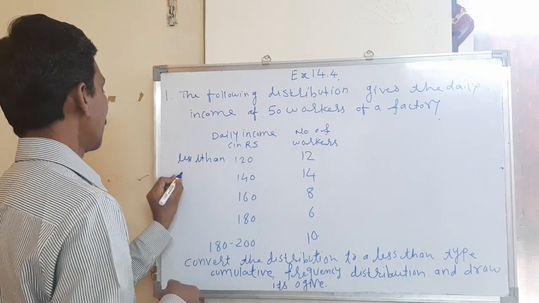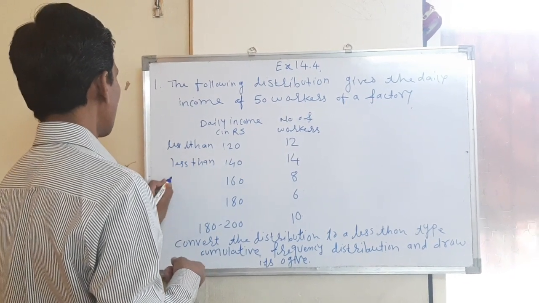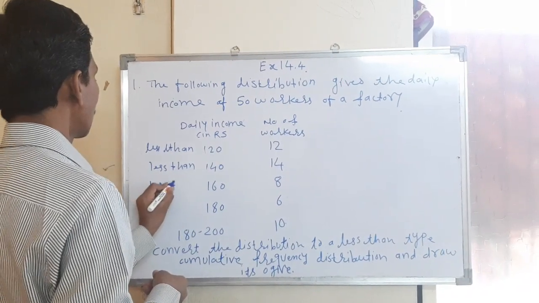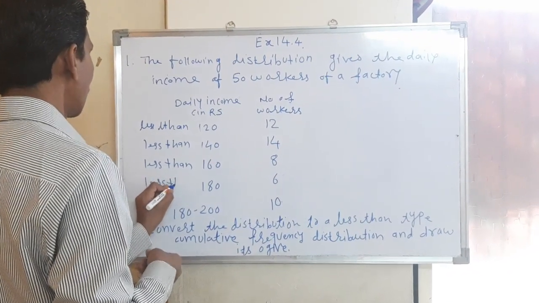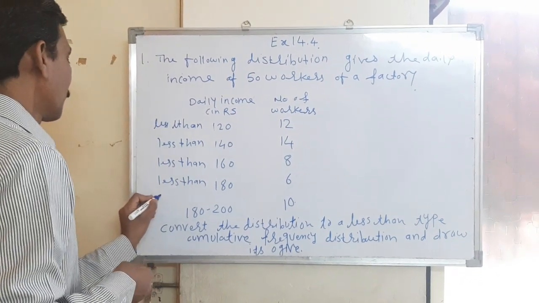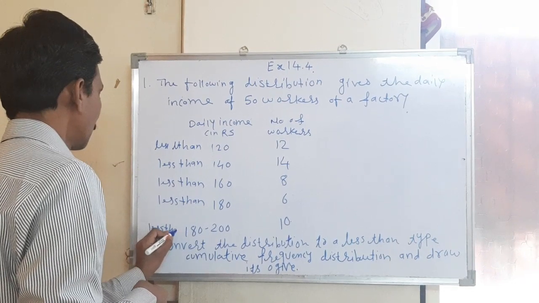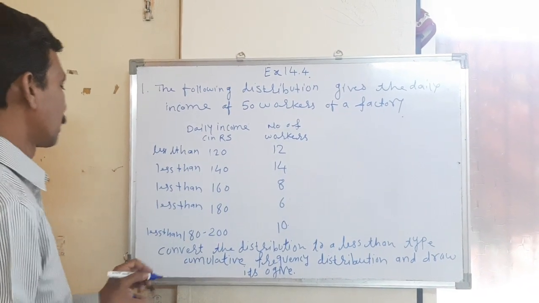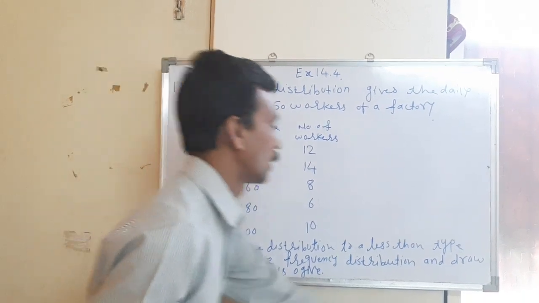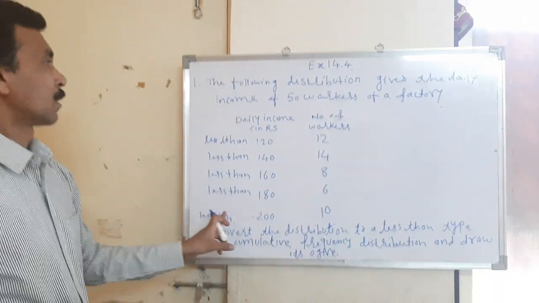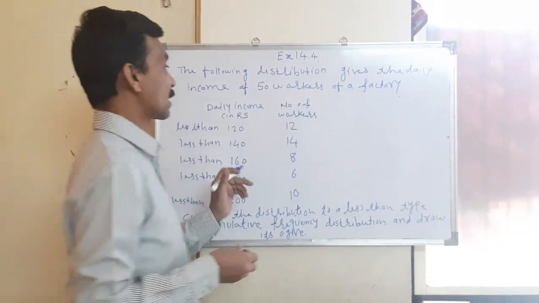Less than 120, this is less than 140, this is less than 160, this is less than 180 and last is less than 200. And number of workers, they are frequencies.